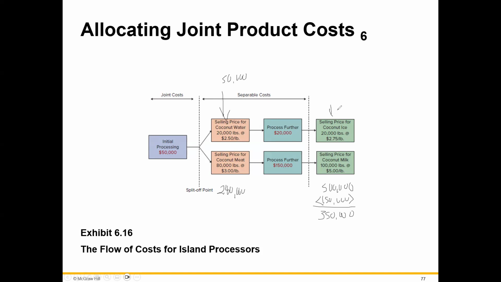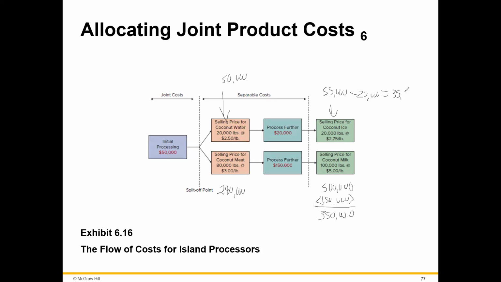Let's see, for this one, we would get $55,000. Now, here we're going from $50,000 to $55,000, but it's going to cost us $20,000 of additional processing.